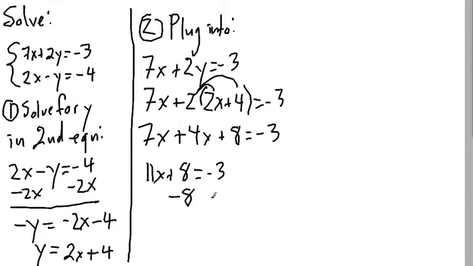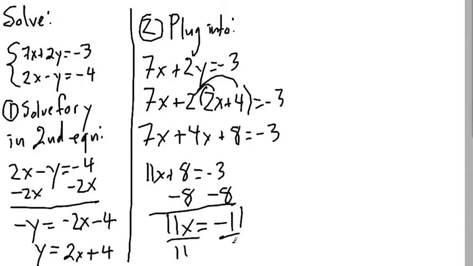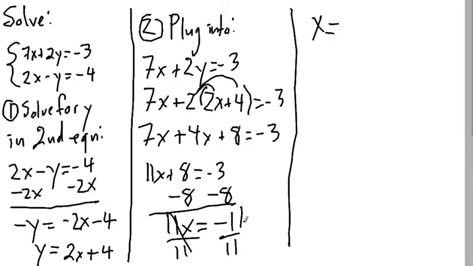Then I subtract 8 from both sides, and this gives me 11x is equal to negative 11. Dividing both sides by 11, the 11s cancel out, and I'm left with x, and on the right hand side, negative divided by positive is negative, and 11 divided by 11 is 1, so x is equal to negative 1.